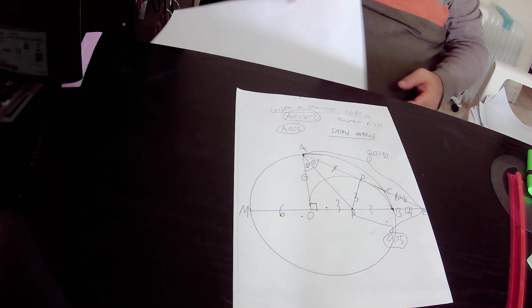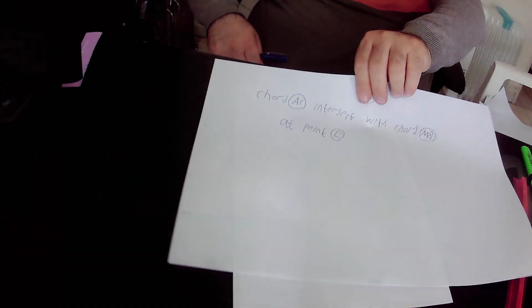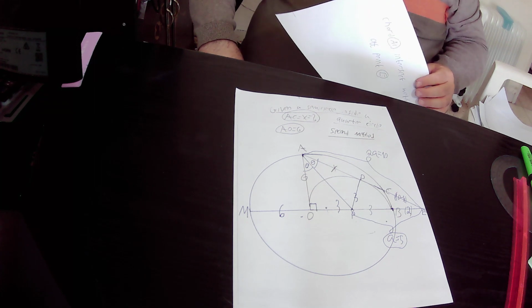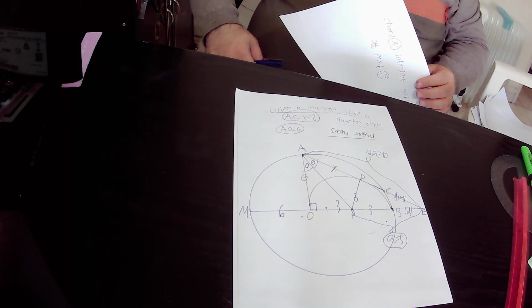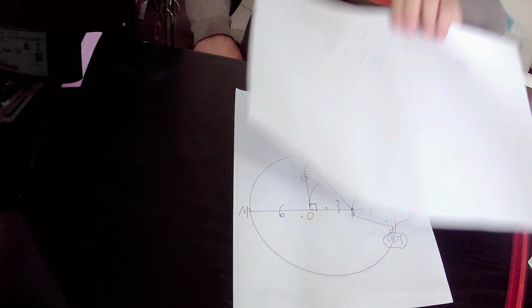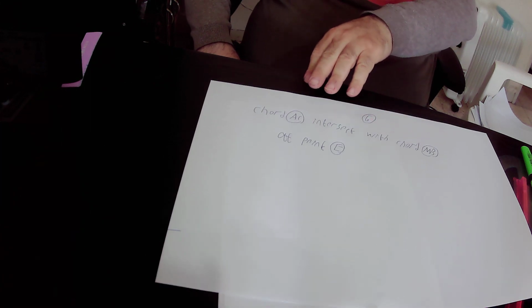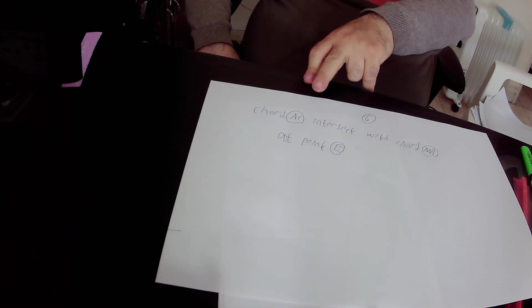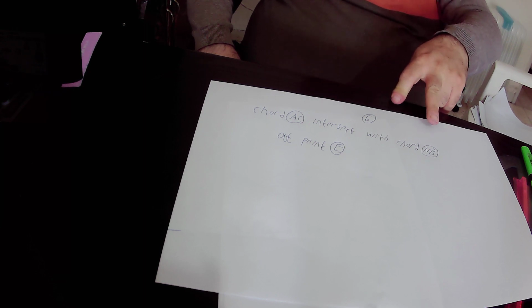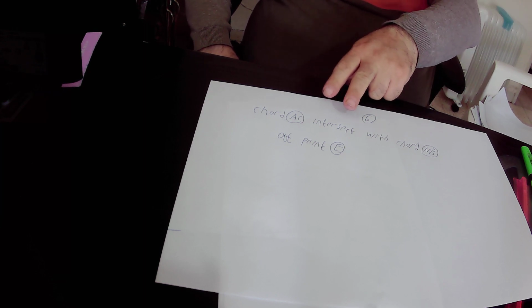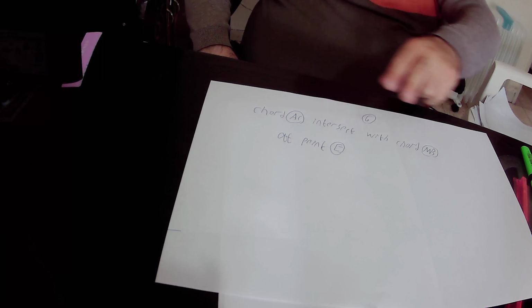I'll repeat again. All the conditions of rule number 3 are satisfied. Chord AC intersects with chord MB at point E. Okay?